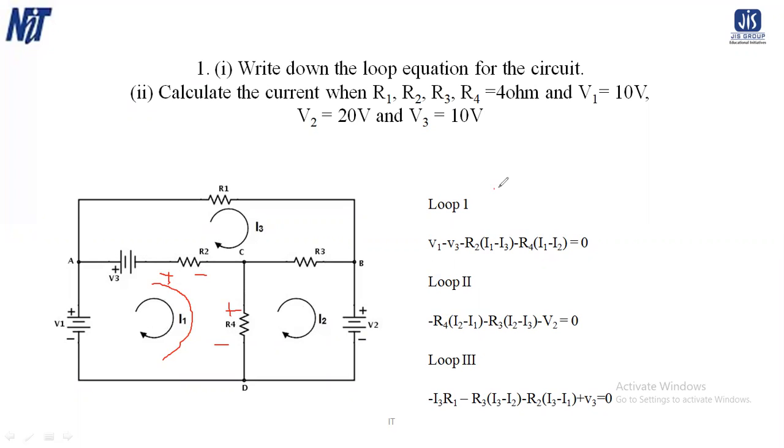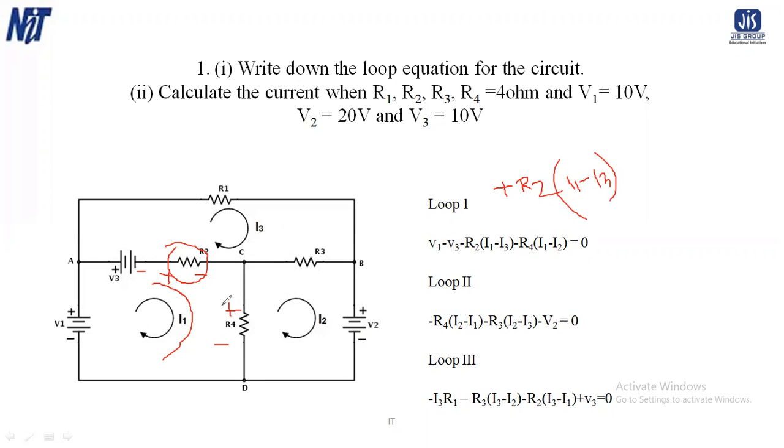So plus R2, if we start from this position, this is minus plus. So R2 into I1, here both currents are flowing, I1 and I3. I1 is flowing from this direction and I3 is coming from the opposite direction. So I1 minus I3 will be there.